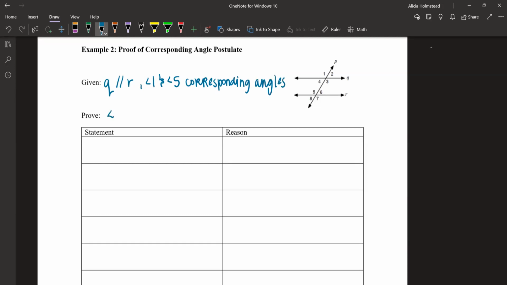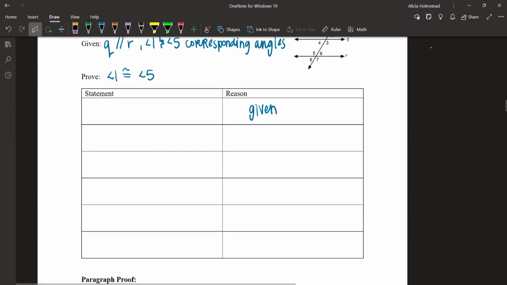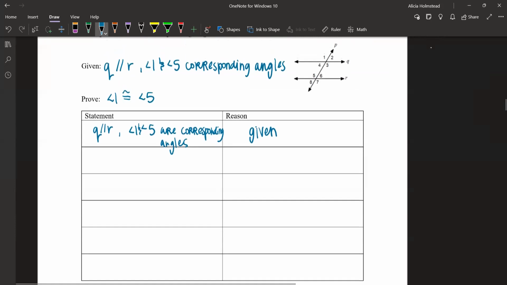And we want to prove that angle 1 is congruent to angle 5. So again, we always start with what we were given. So we were given that Q is parallel to R, and that angle 1 and angle 5 are corresponding angles.